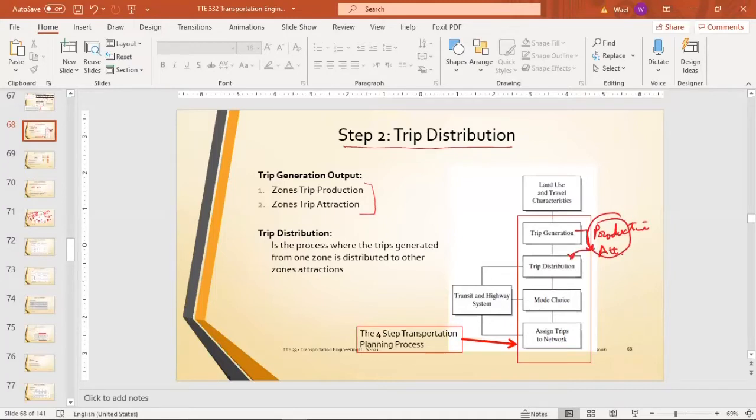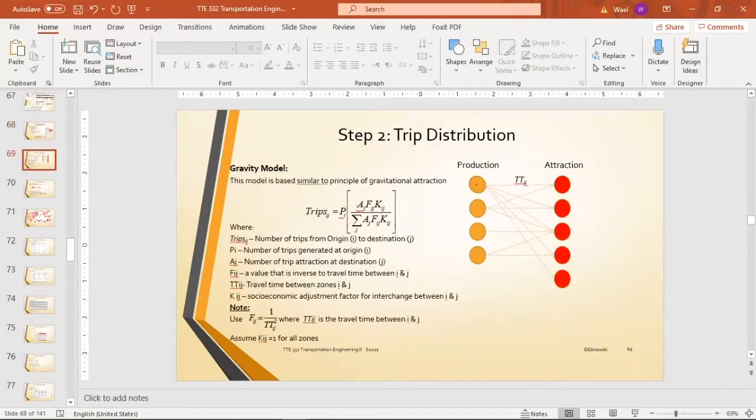So what is the purpose of the trip distribution? The outcome from the trip distribution will be the number of trips going from one zone to another zone. So it's basically the trips between zone I to zone J. This, we call it origin destination matrix.